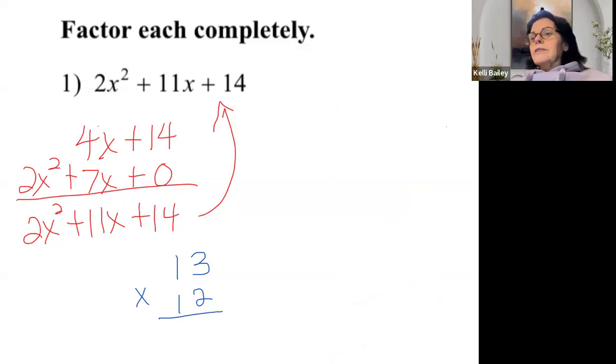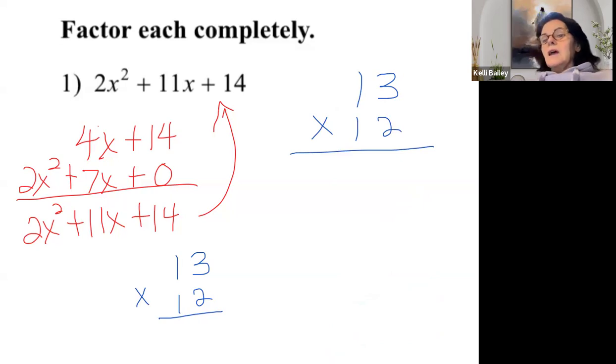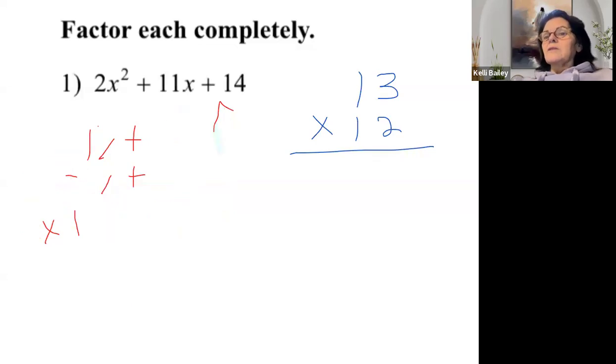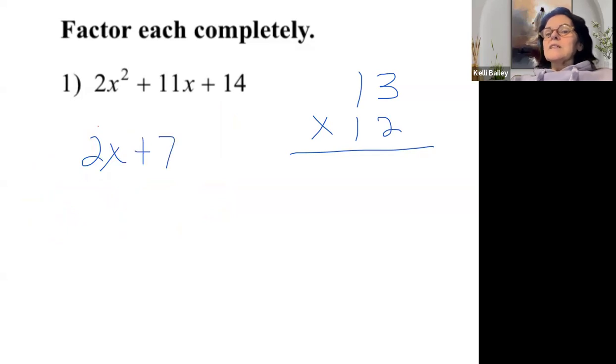So when you were doing 13 times 12, well, first you went 2 times 3, right? And maybe I'll write what we did when we multiplied those two binomials so we can kind of compare. Let's do that. So we were multiplying 2x plus 7 times x plus 2, right?